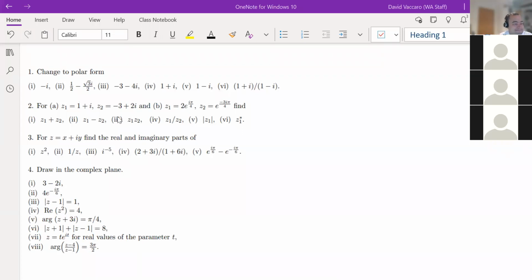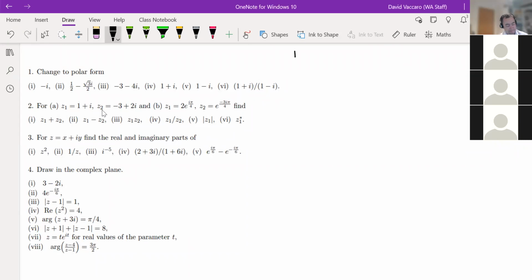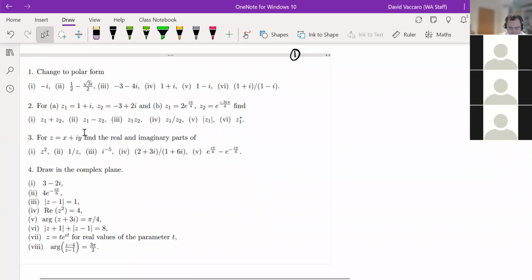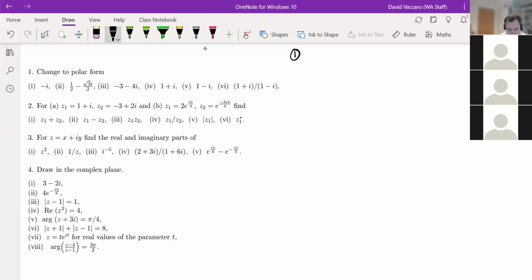So this first question, let's hope my pen works, which it does. It says change to polar form. So this is very similar to what you will do in other areas of maths and physics when you convert Cartesian coordinates to polar coordinates. So the first one, we've got the complex number -i.